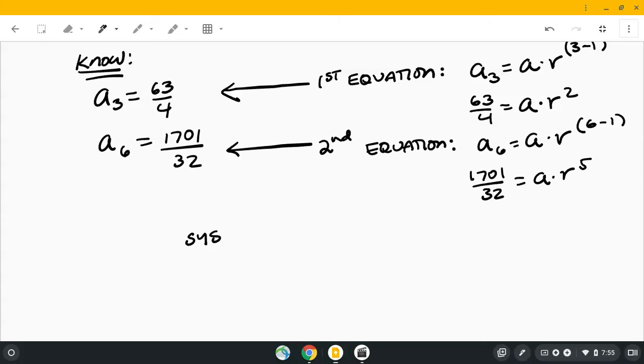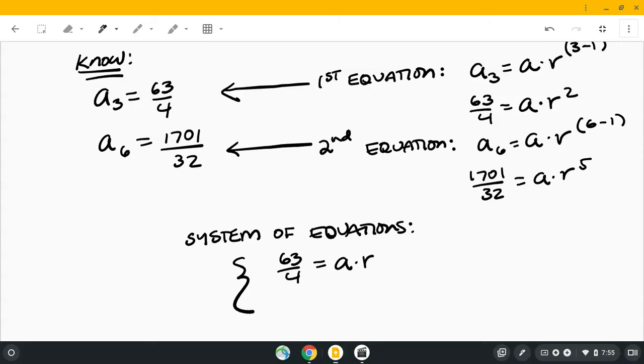Okay, so now I have my two equations. So now I have my system of equations. My first equation is 63 over 4 equals A times R squared. And my second equation is 1,701 over 32 equals A times R^5.